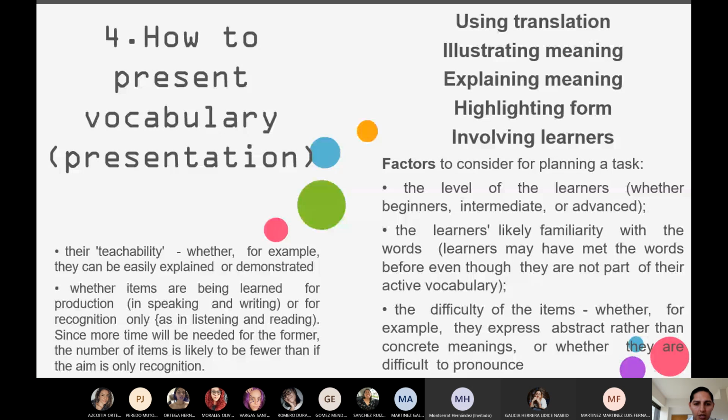For recognition, that is for receptive skills, you could use a bit more words.